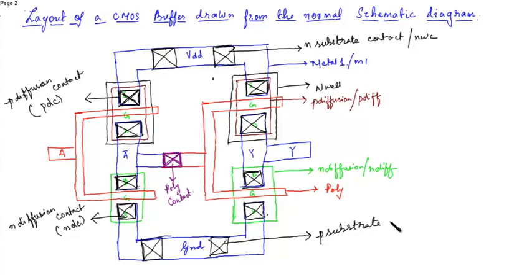This is P substrate contact or P well contact. So this is the layout of a CMOS buffer that is drawn from the normal schematic.